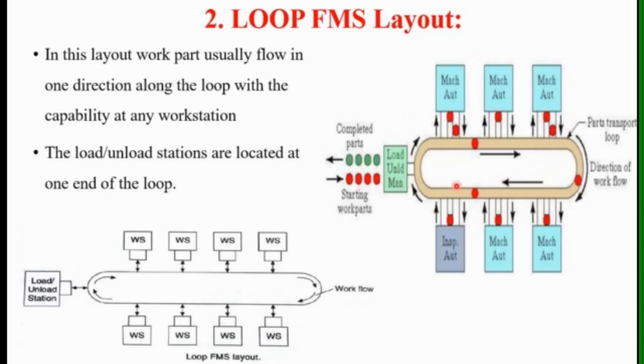This entire operation is performed in one single loop. So this type of layout is called a loop system. The loading and unloading stations are located at the end of the loop. This loop will start from this point and it ends at this point. So it is in a loop.